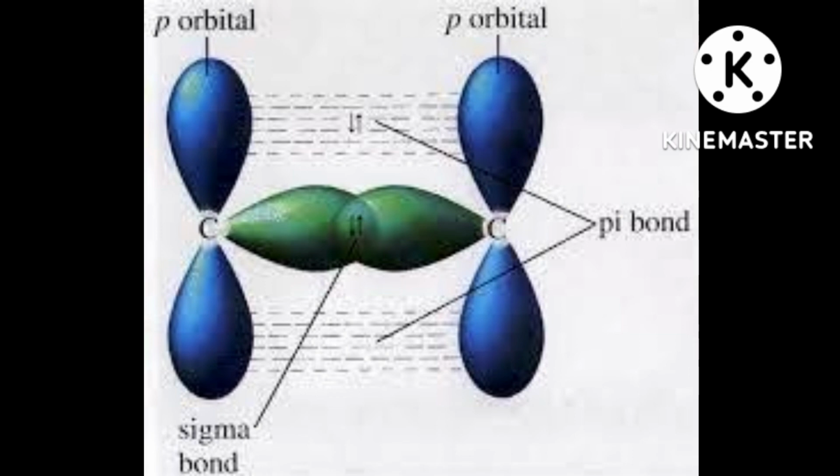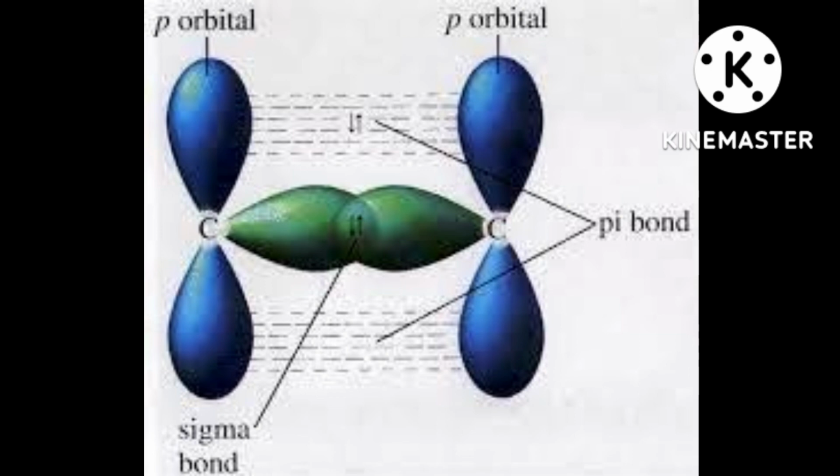And why is the shape of the ammonia molecule pyramidal? The exact reason you can understand by VBT. VBT explains all these things.